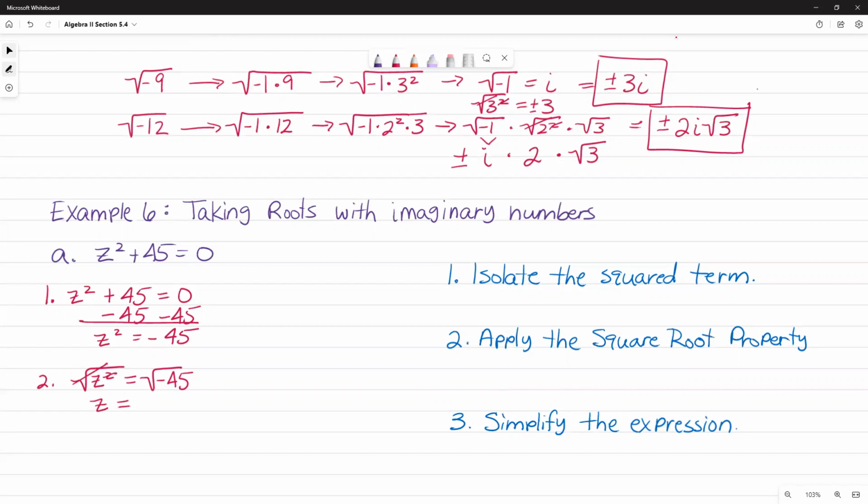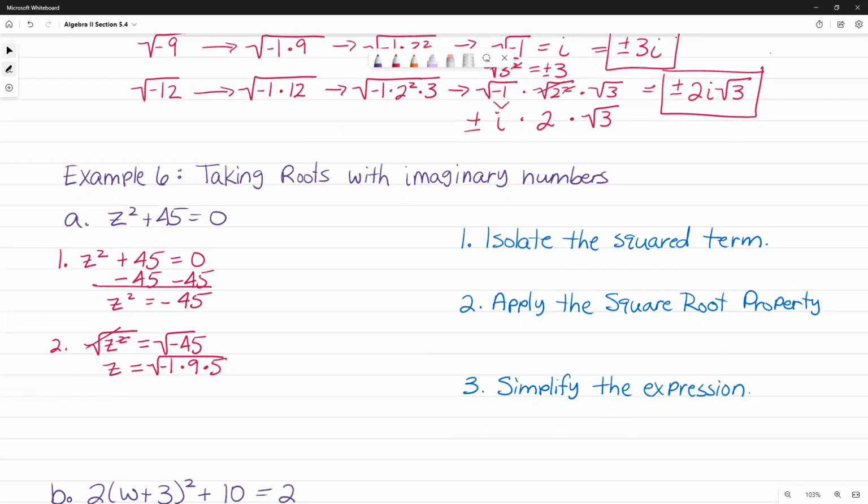I'm going to break down 45. This is -1 times 45, which is 9 times 5. Keeping the baby steps for now, I have the square root of -1, that's going to equal i. 9 is 3 squared, so that's going to equal 3. And 5 is just a little prime number. It's not a perfect square of anything.